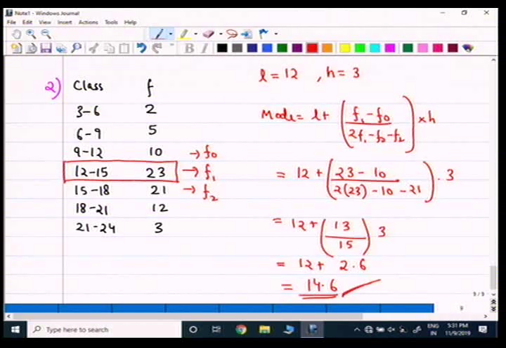How are mean, mode and median related to each other? What is the relationship between mean, mode and median?